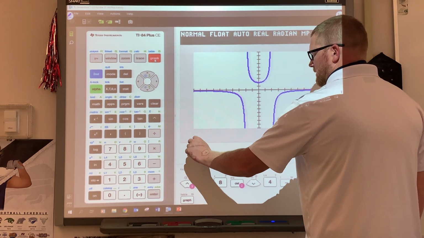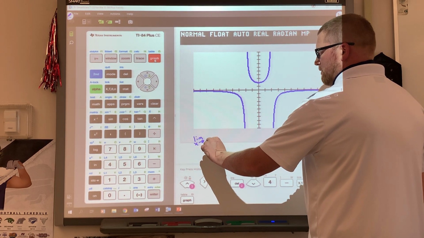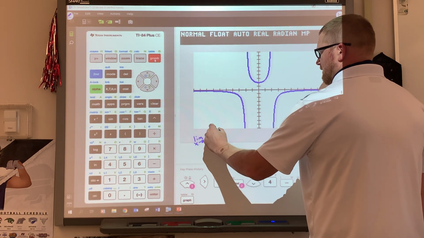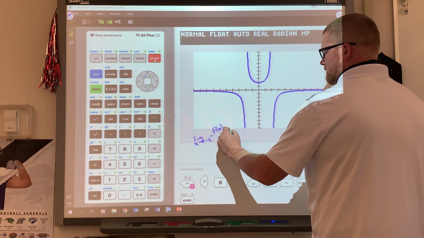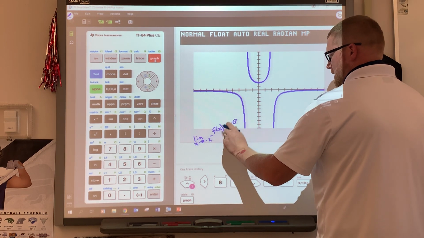I can say, well, the limit as x approaches negative 2, from what direction? This is from the left, of this function is what? Negative infinity.